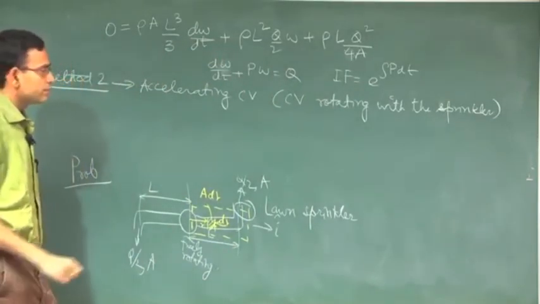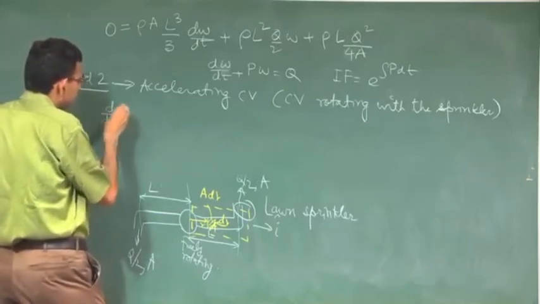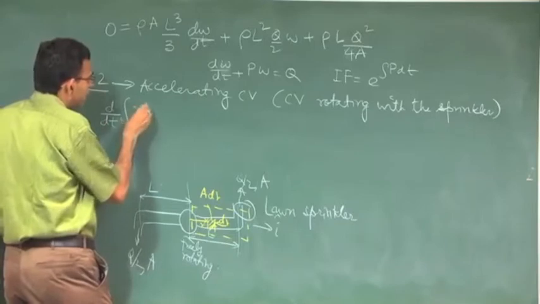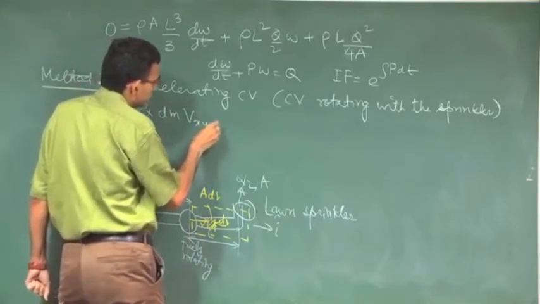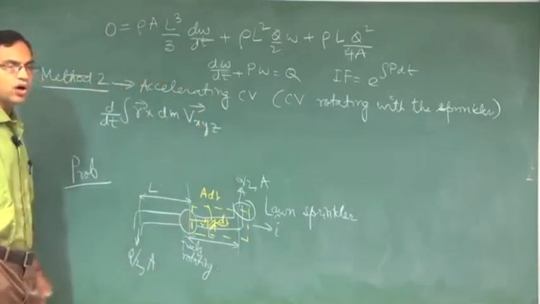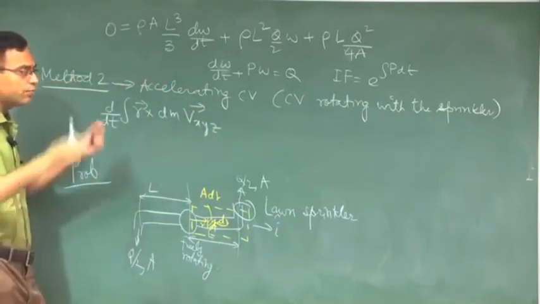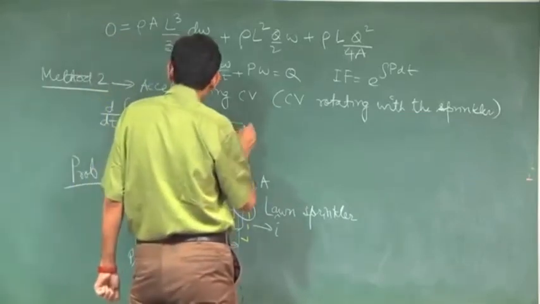So then you have the d dt of integral r cross, but this you cannot write as the net torque or sorry net moment of all forces.